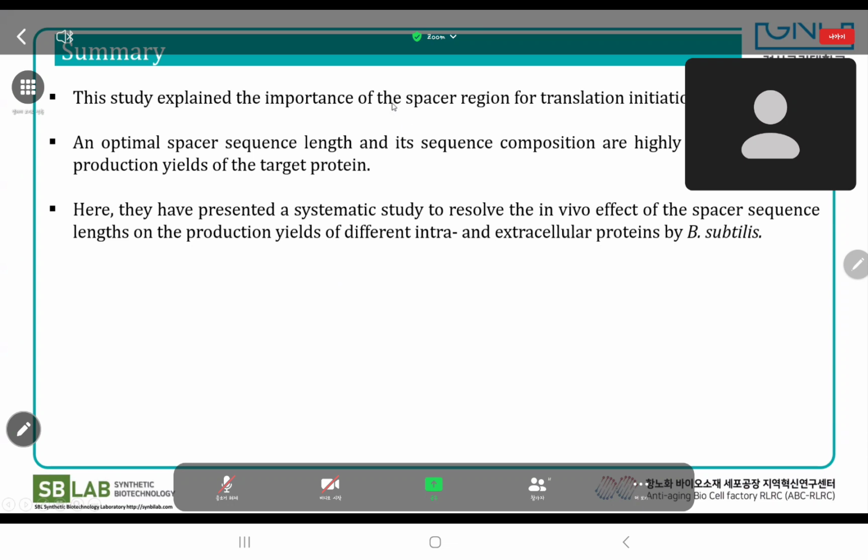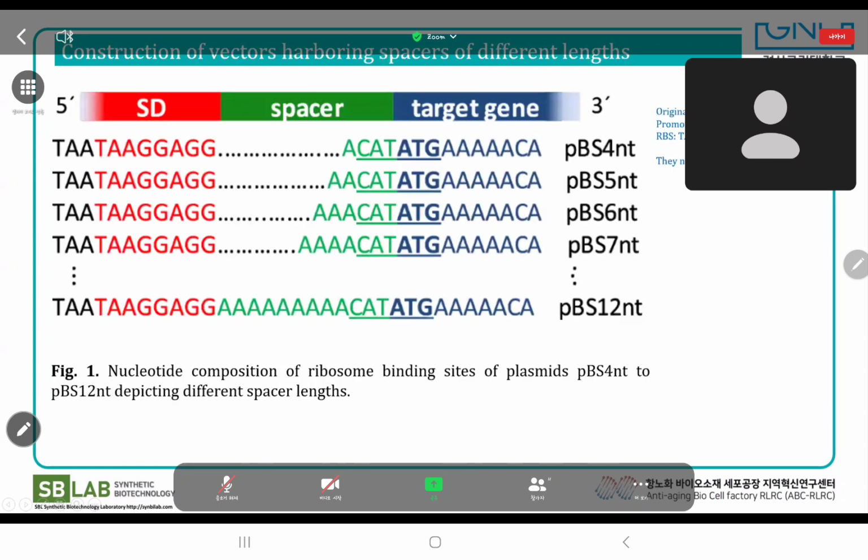So in this study, they explain the importance of the spacer region for translation initiation, and they argue that the optimal spacer region is highly crucial and desirable for the production yield of a target protein. And they evaluate different spacer regions for both intracellular and extracellular protein production in Bacillus subtilis.